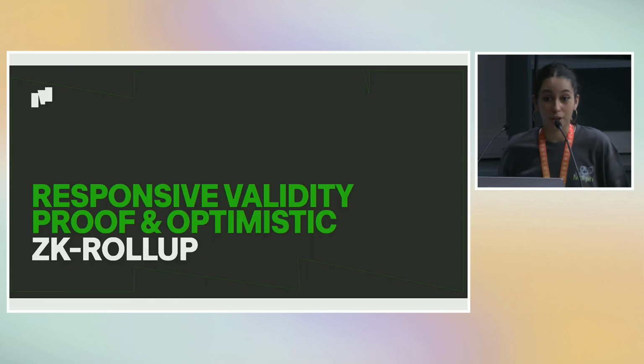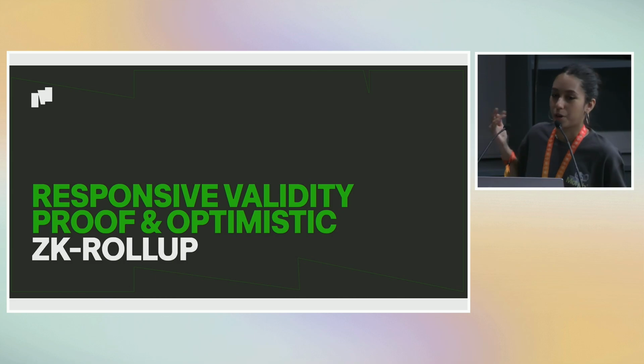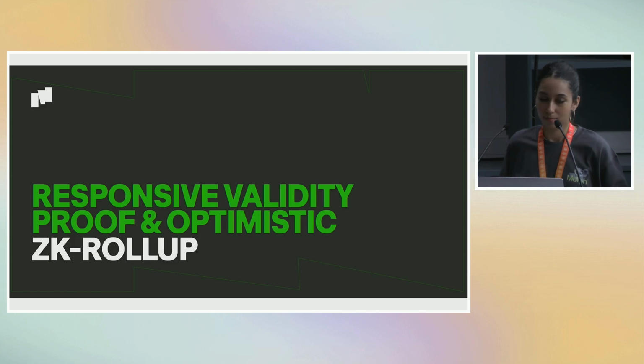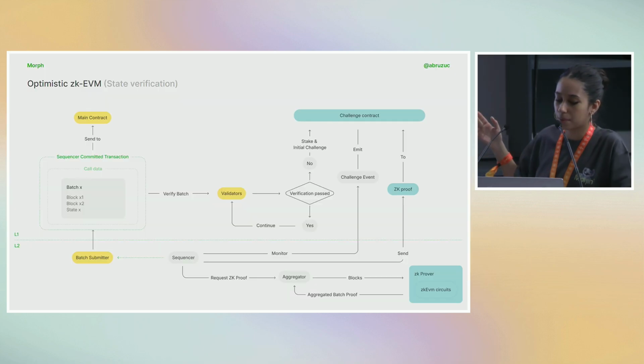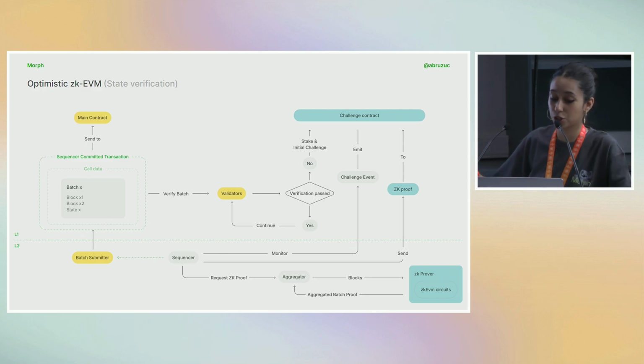Now we will talk about how we are an optimistic and ZK rollup, because everyone asked why we aren't a fully ZK rollup yet. The process is basically that the validators constantly verify all of the new states that sequencers have submitted to layer 1.